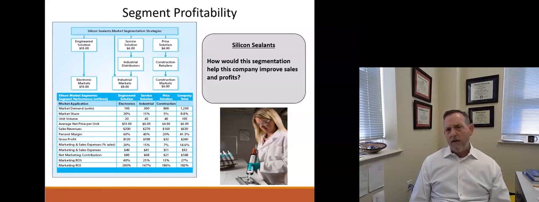Each of them would be willing to pay different amounts for this product. They're price sensitive in different ways. So the construction markets, they're going to buy more volume, probably. The product may be a little bit more generic in nature. Their price point's a lot lower too, at $6 a unit.